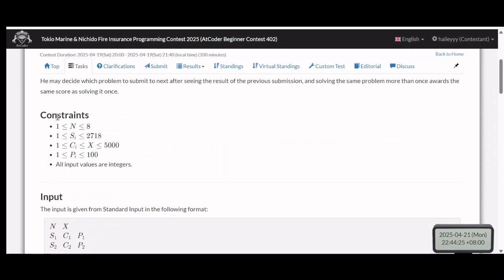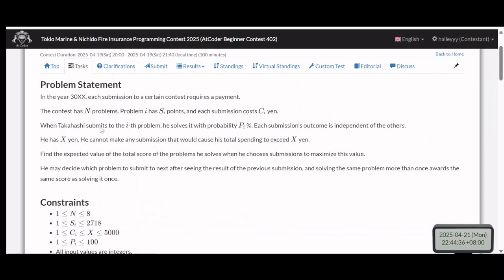Since n is small, it's just 8, we can think of bitmask dynamic programming, since in this case we would want to keep track of which problems he has gotten correct, and also the remaining amount of money that he has.